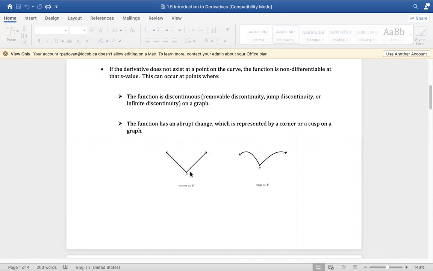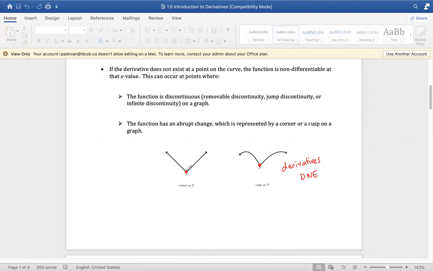So in these two cases, at this point here, and at this point here, the derivatives do not exist. It doesn't mean they can't exist anywhere else along the line or along the curve.